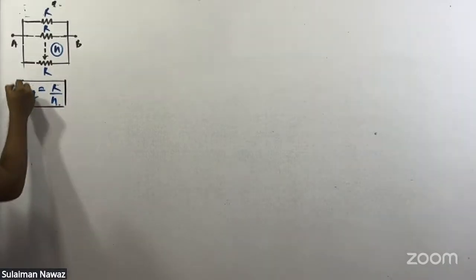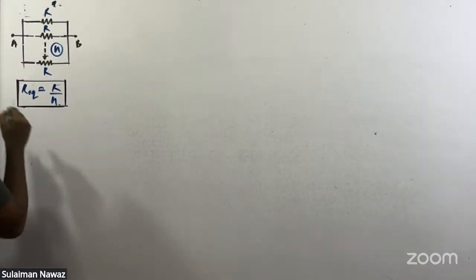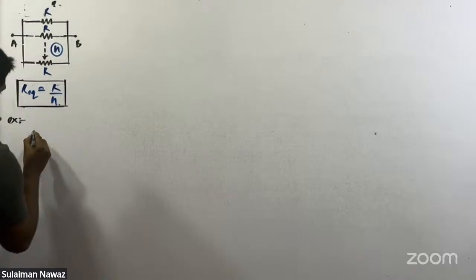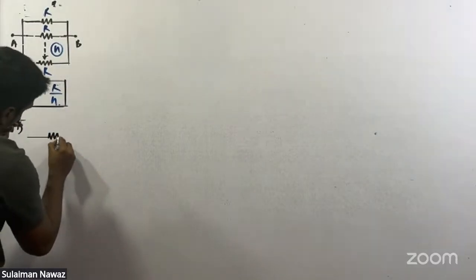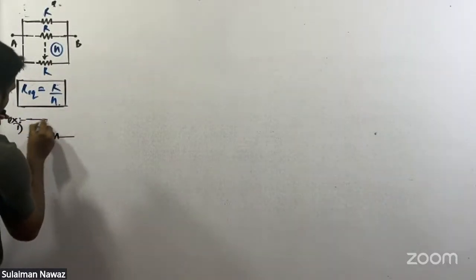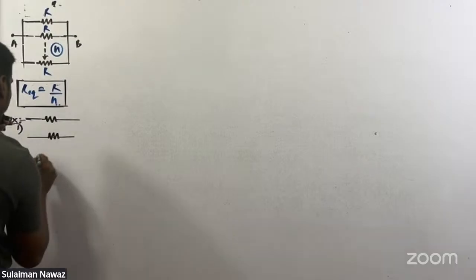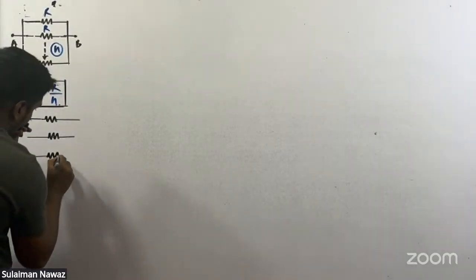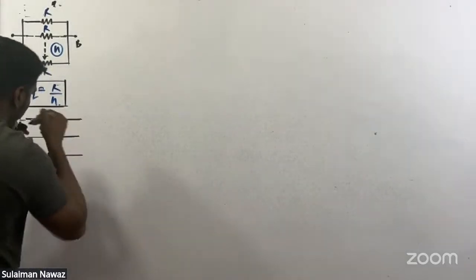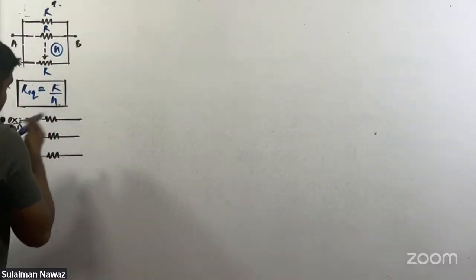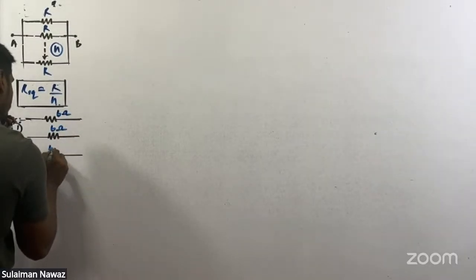For an example, let's consider there are three resistors in parallel, having magnitudes 6 ohms, 6 ohms, 6 ohms.